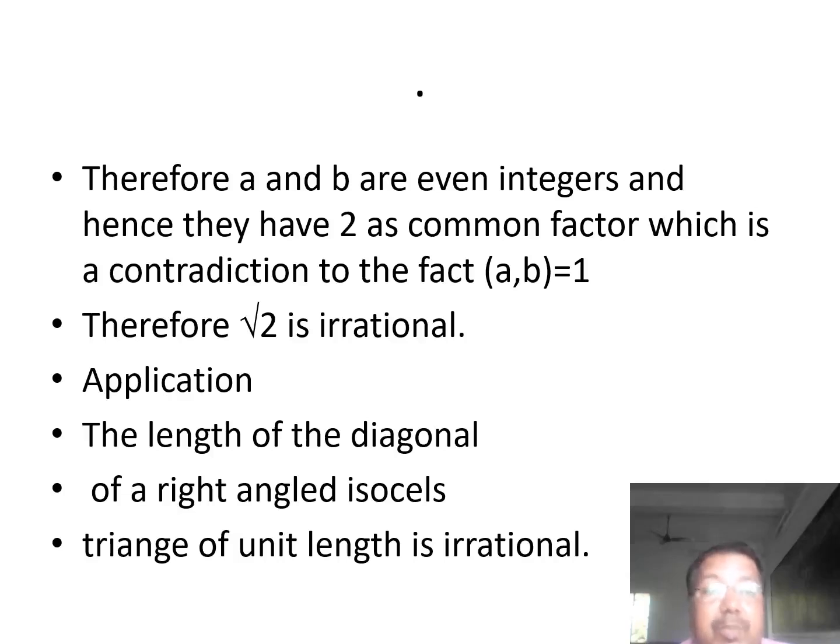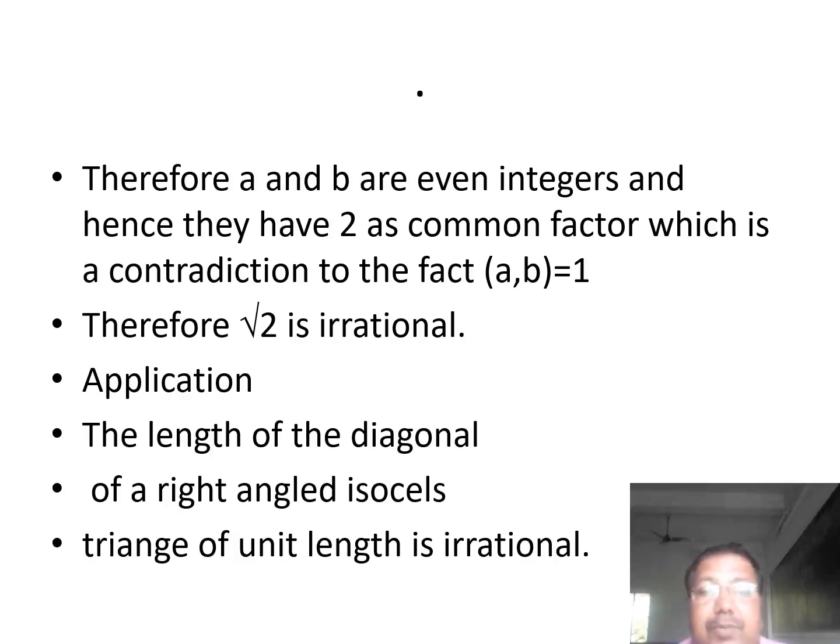This is a contradiction because of our assumption. So root 2 cannot be rational. It is an irrational number. Similarly, we can prove root 3, root 5 are irrational numbers.